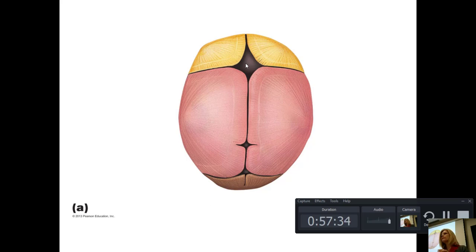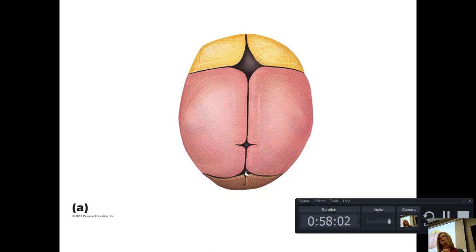So that's the frontal fontanelle, or the anterior fontanelle, because it's closest to the front of the skull. And in the back, between the parietal bones and the occipital bone, is the occipital fontanelle, or you can just call it the posterior fontanelle. So you have the frontal or anterior fontanelle, and the occipital or posterior fontanelle.